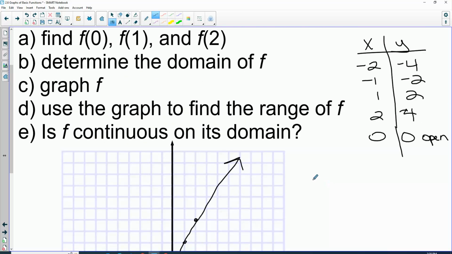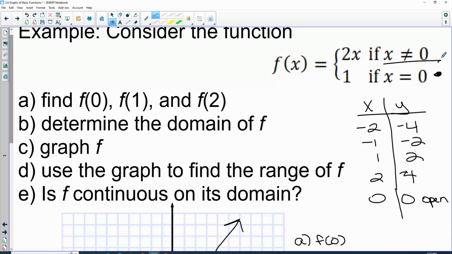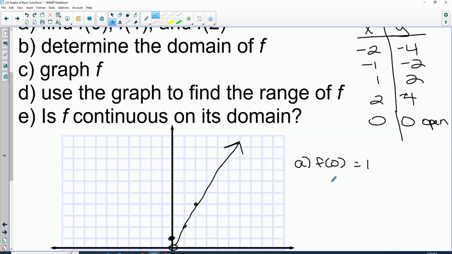Okay, so if I wanted f of 0, which of the two rules did we plug 0 into? Or which one has 0 in its domain? The bottom one, and we would get out 1. If I say f of 1, which one are we plugging it into? The top, and 1 times 2 is 2. If we put f of 2, we get out 4.